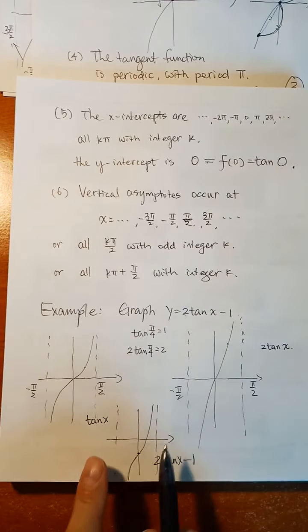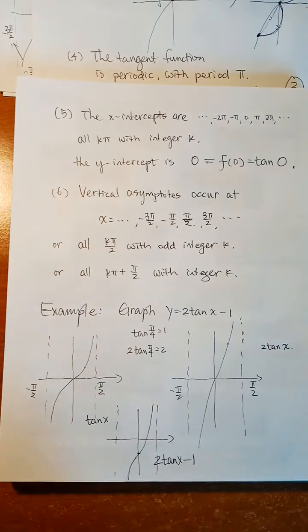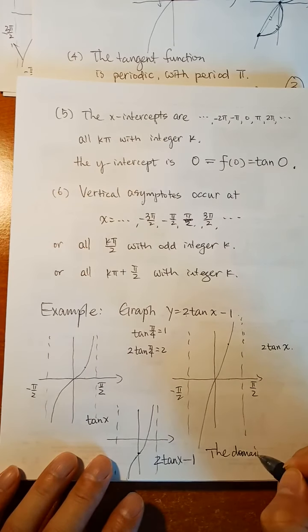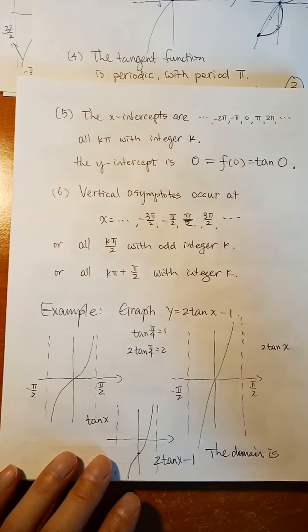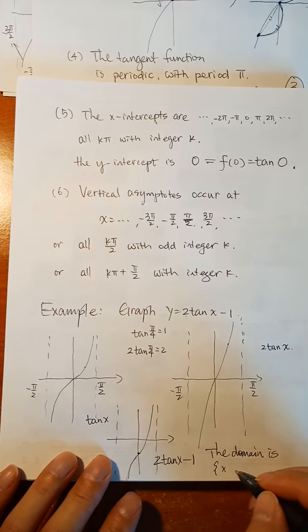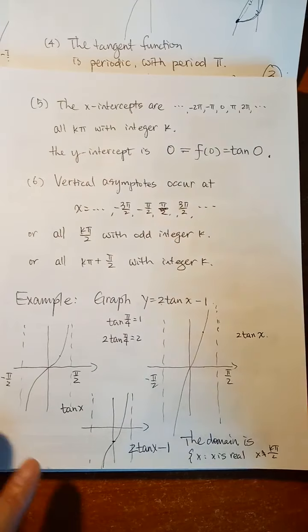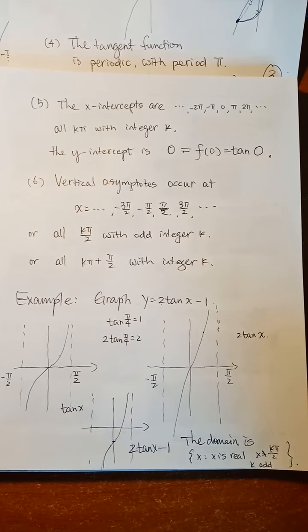You see here, you only stretch or shift it vertically. You do not change the x part. So the domain is still the domain of the original tangent of x: everything but k pi over 2, k odd. That's the graph of the function.